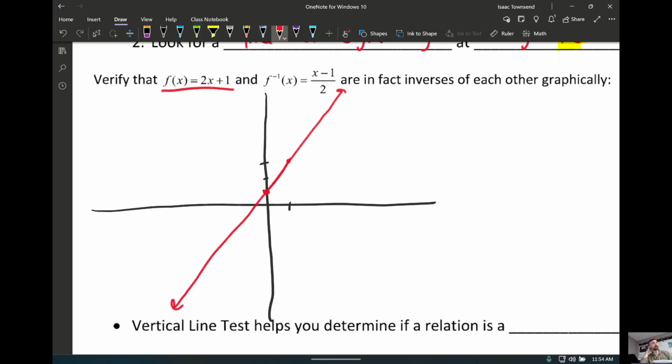You only need 2 points to define a line. And for his inverse, you may want to split that fraction apart, which makes it a little easier to see. His slope is 1/2 and his y-intercept is -1/2. So plot the y-intercept, count rise over run.